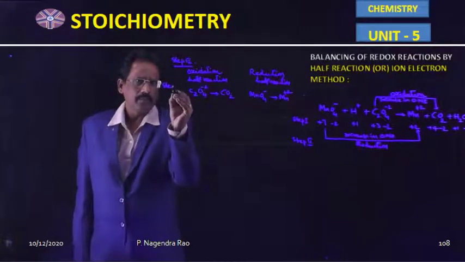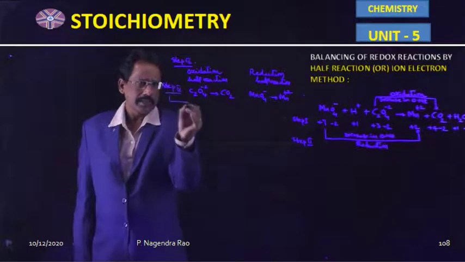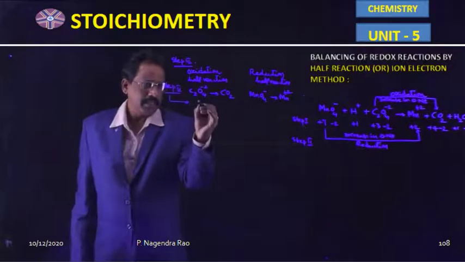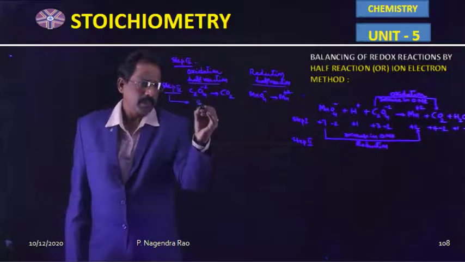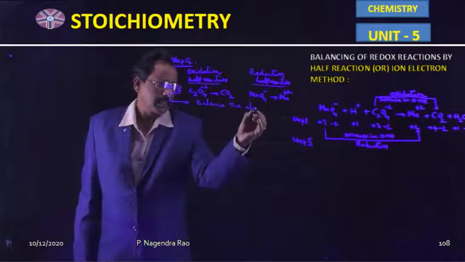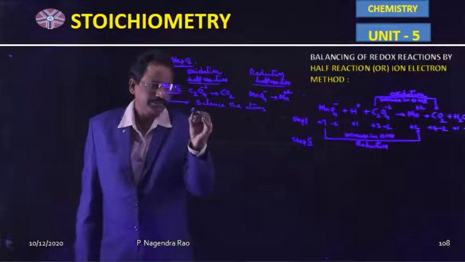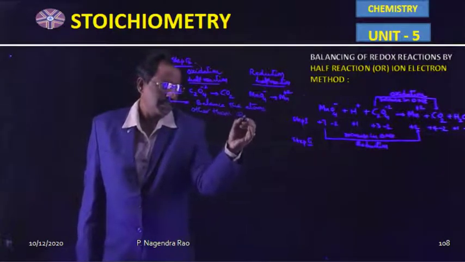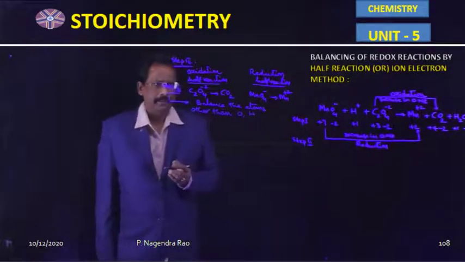And then step number 4 is, balance the atoms other than oxygen and hydrogen by multiplying with a suitable number.